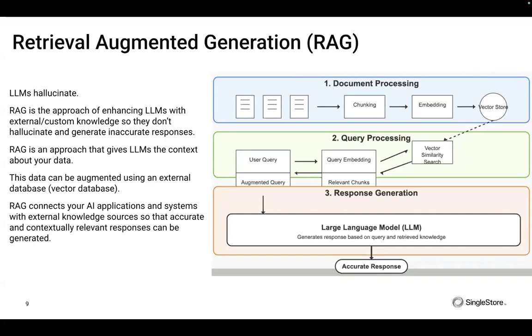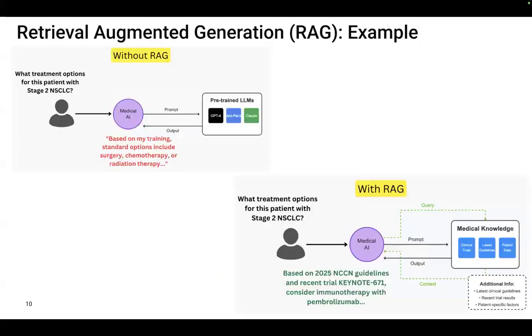Now that you have the augmented query and the relevant chunks, at the end it goes through an LLM to formulate the contextually relevant answer back to the user. So RAG basically connects your AI applications and systems with external knowledge sources so that accurate and contextually relevant responses can be generated.